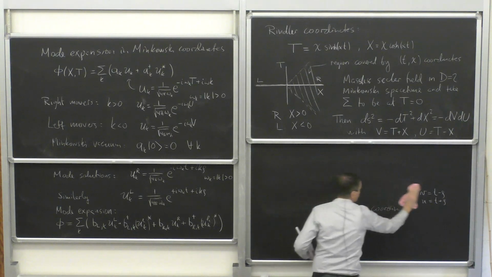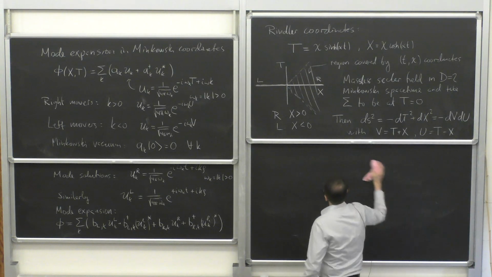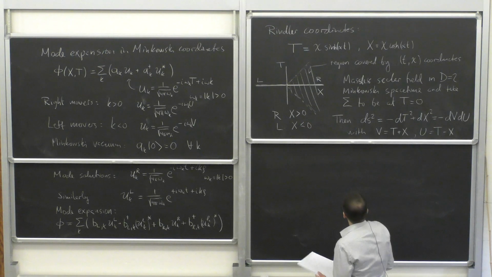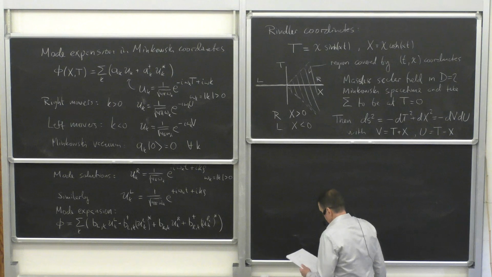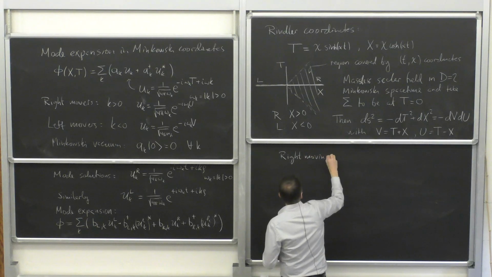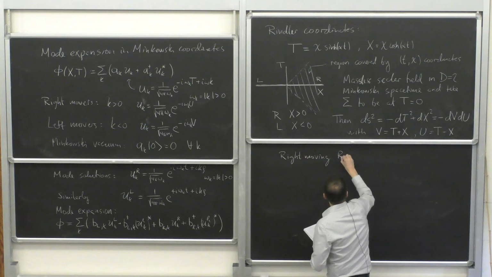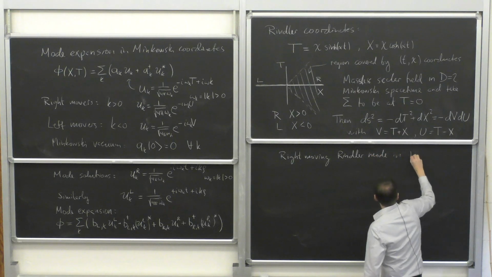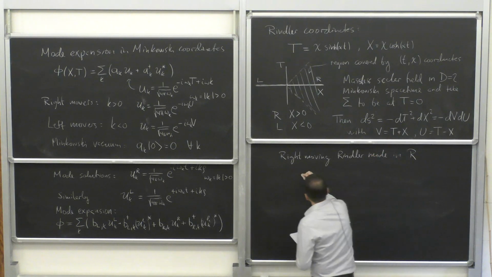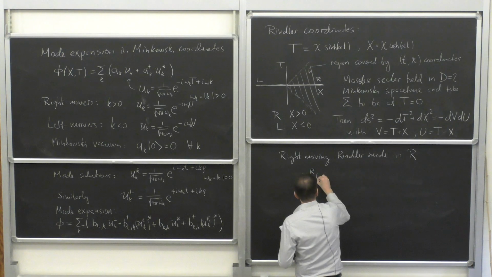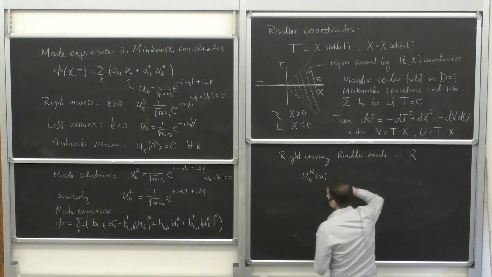Well, it's only defined in the right wedge, which means that if I have a right-moving Rindler mode in R, this u_k^R, it's going to be a function of my lowercase u that I defined.